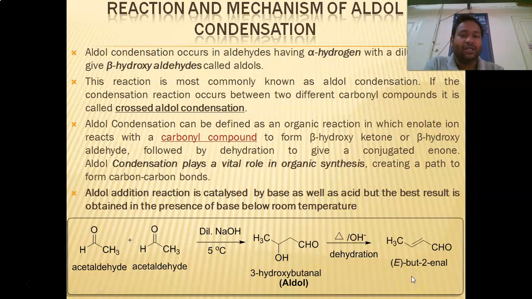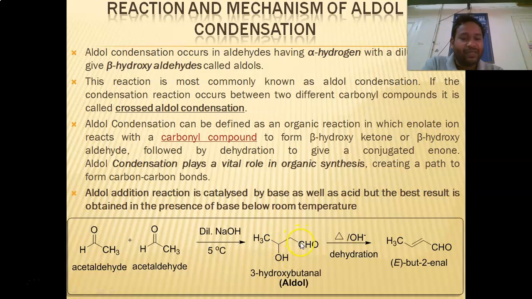This is called aldol condensation. Here acetaldehyde and acetaldehyde undergo reaction in presence of a base like sodium hydroxide or potassium hydroxide. At a certain temperature you will get beta hydroxy butanal. That is the aldol product.